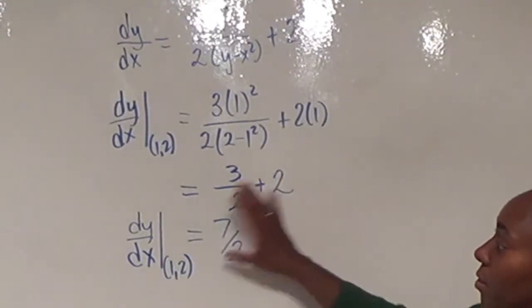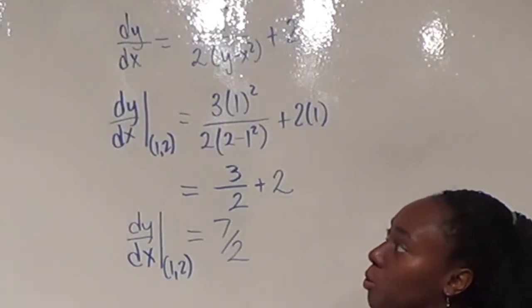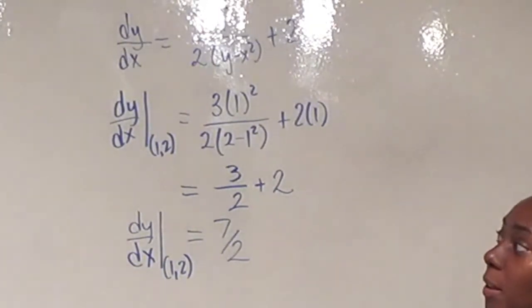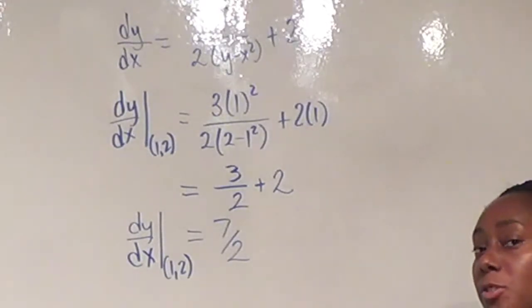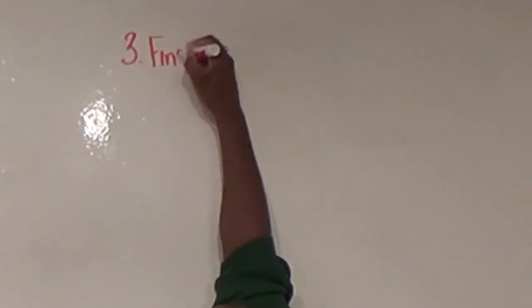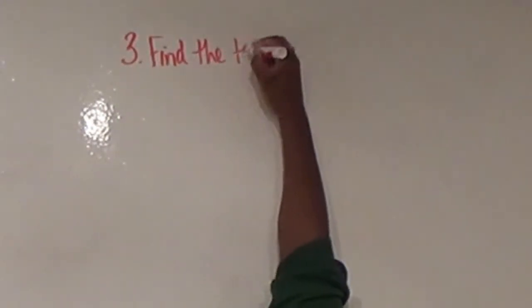Okay, so there's the answer to the first part of the problem, which was just find the slope of the curve. Now, to do the last part of the problem, we want to find the equation of the tangent line. Okay, so for part 3, find the tangent line.